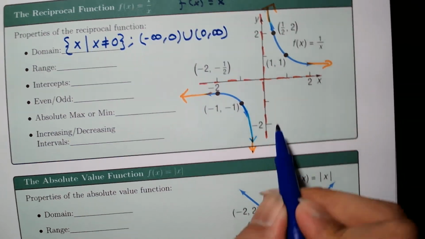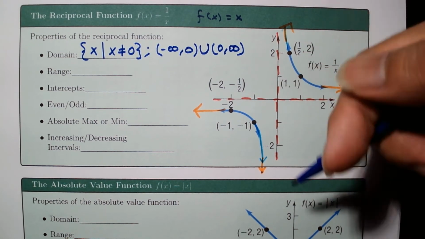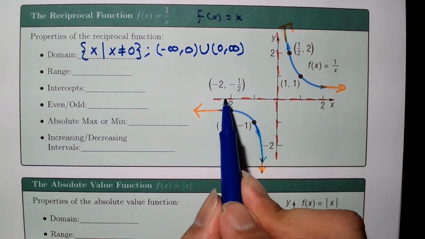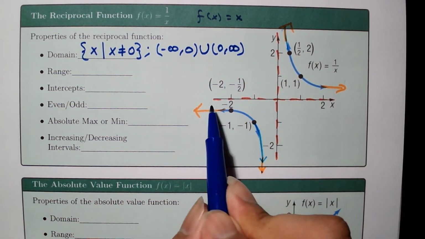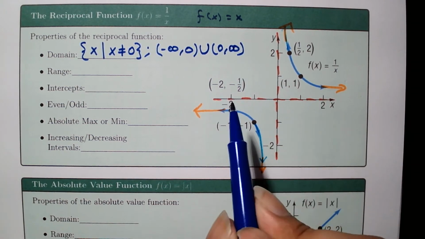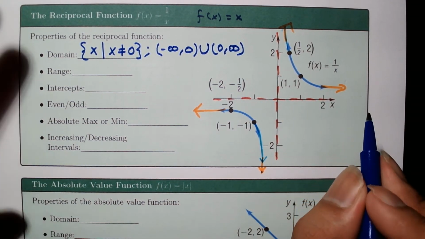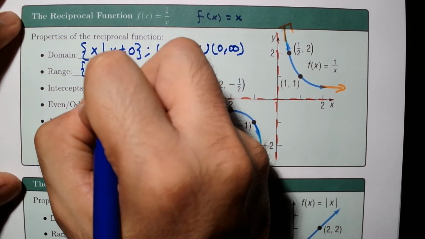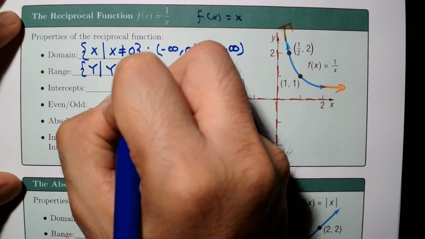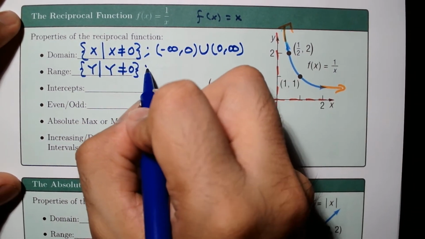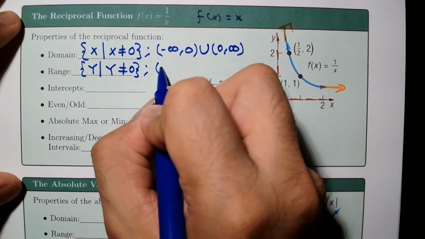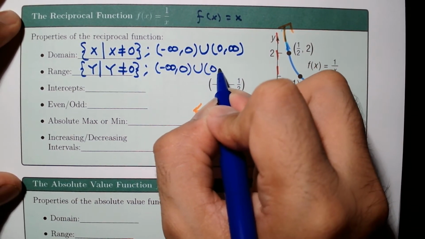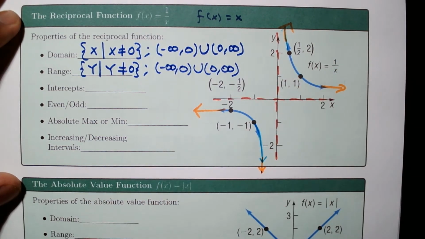It comes from negative infinity to positive infinity, in other words, all y values. However, the graph is interrupted by this horizontal asymptote occurring at y equals 0. So y such that y cannot be 0. In interval notation, negative infinity to 0, union 0 to positive infinity.